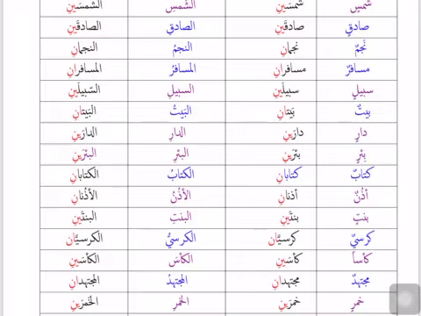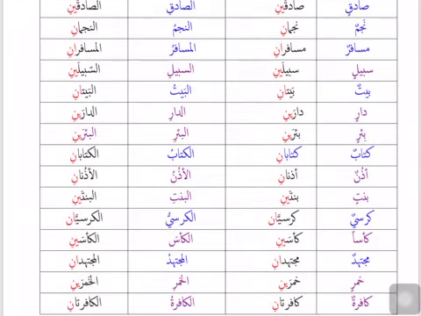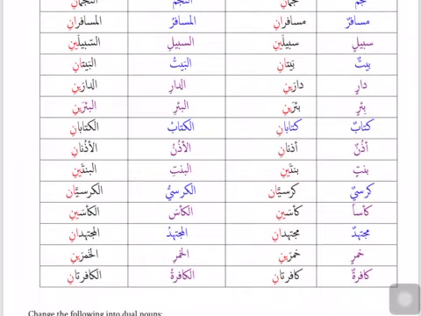Najmun, a star. Najmani, two stars. Najm ended in dhamma, so for the dual form it will be ani ending. Najmani, two stars. An-najmu, the star. An-najmani, talking about two specific stars, the two stars. Musafirun, musafirani. Al-musafiru, al-musafirani. Sabilin, sabilaini, because sabil ended in kasra, so you can only choose aini for the dual. As-sabili, as-sabilaini. Baytun, baytani. Al-baytu, al-baytani. Darin, daraini.